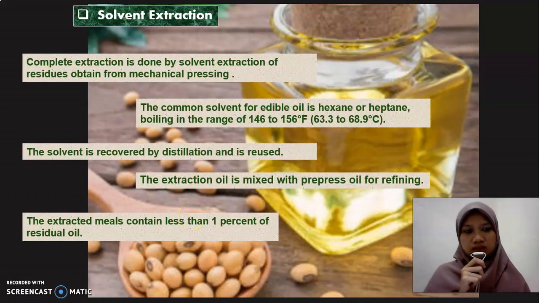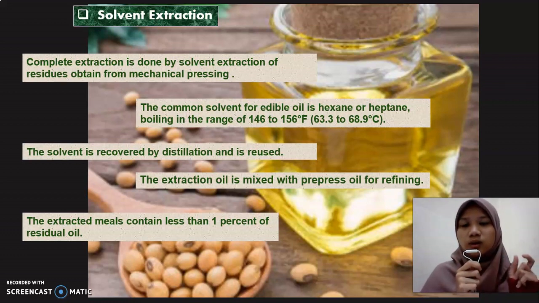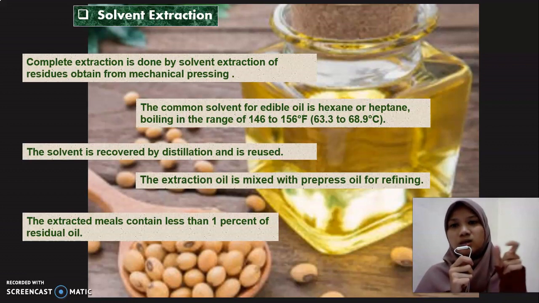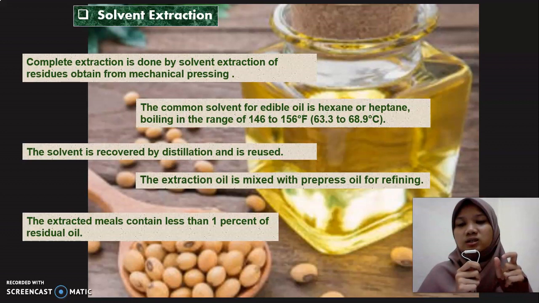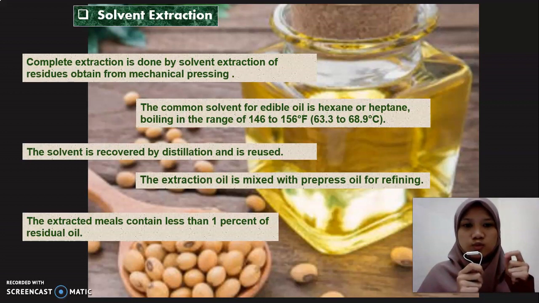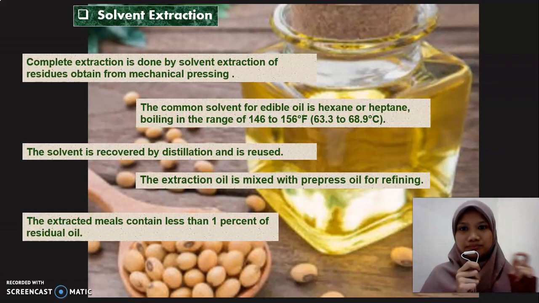Okay, the third method in extraction is solvent extraction. From the previous method, which is pressing, the final product will be oil and the press cake. The press cake actually still retains about 3 to 15% of residual oil. So we have to use solvent extraction to complete the extraction.